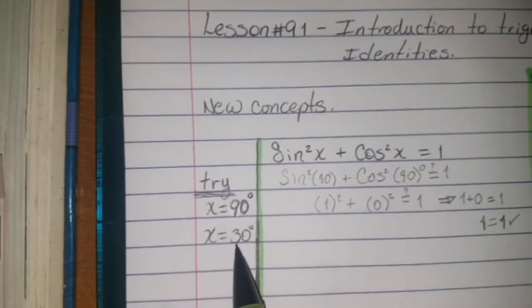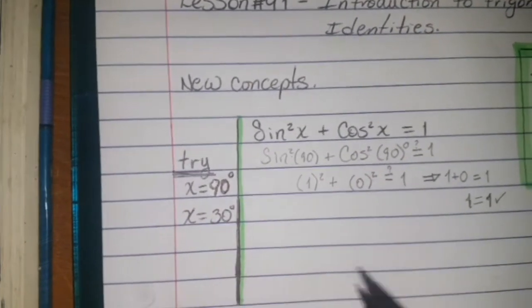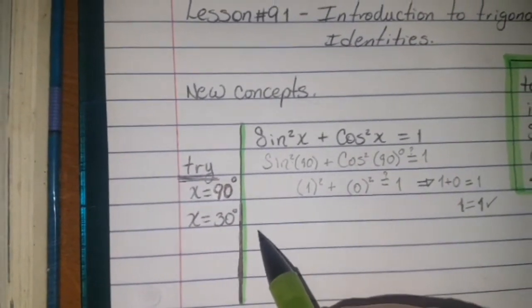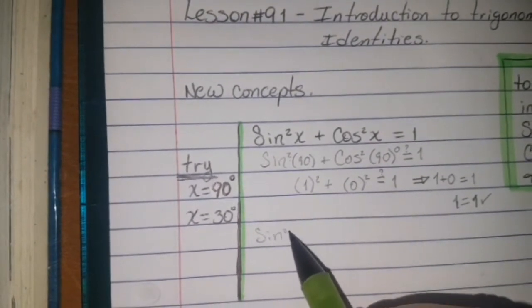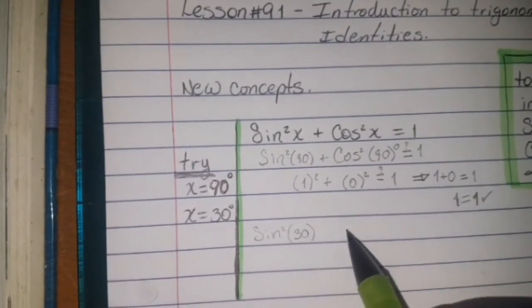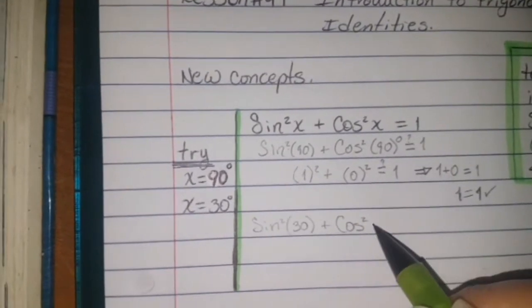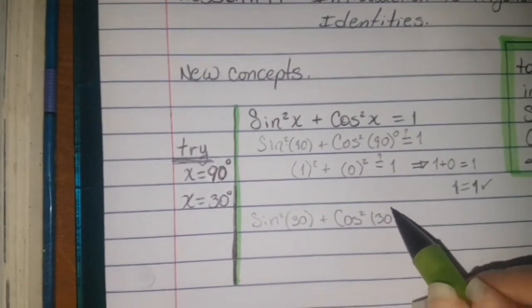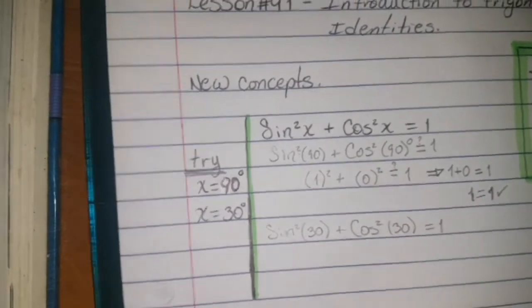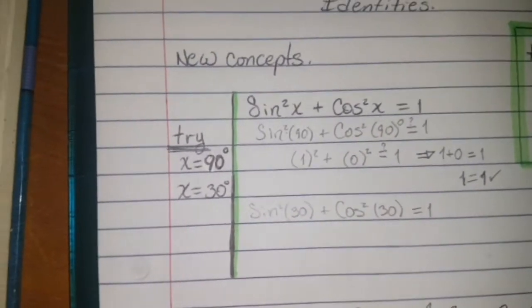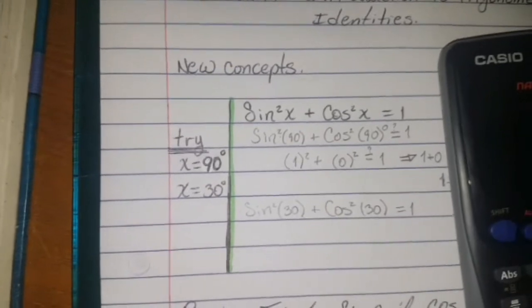Now let's try with 30 degrees. Sine to the second power of 30 degrees plus cosine to the second power of 30 degrees must equal 1. Let's see in our calculators how much is the sine and cosine of 30 degrees.